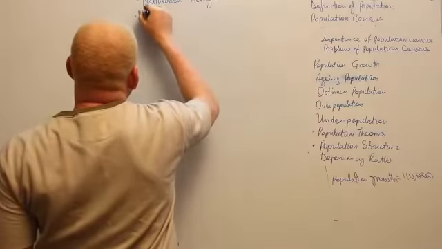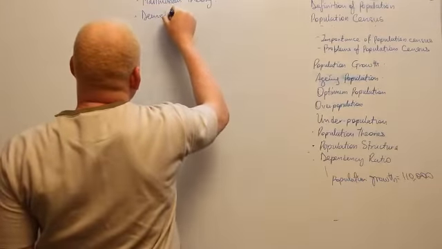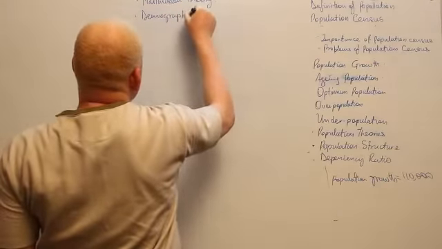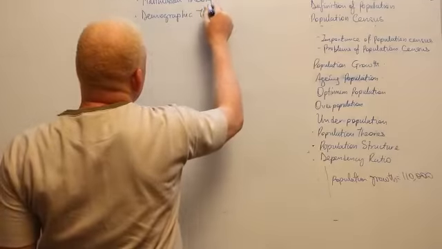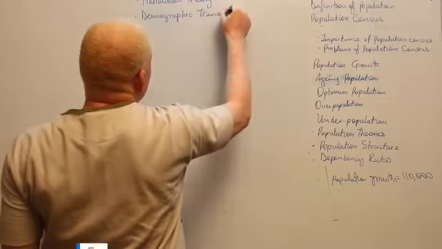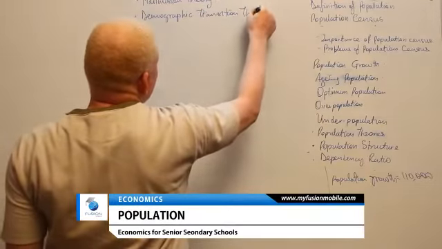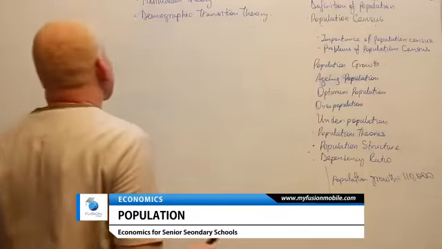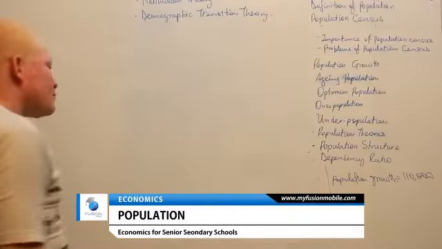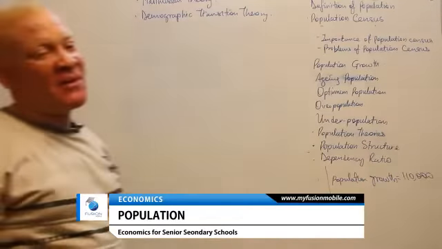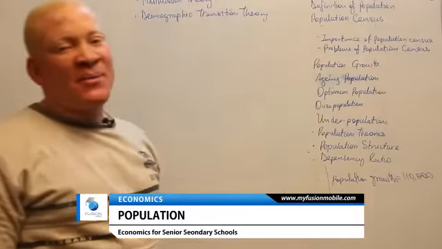And we have the demographic transition theory. Each of them is a theory of population.